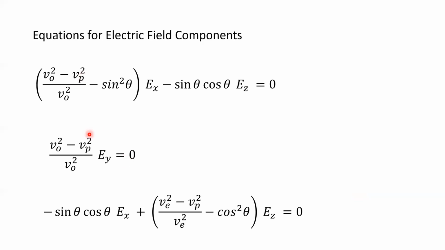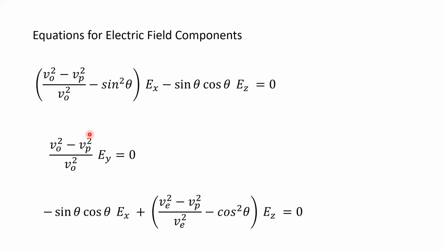Now, in principle, if you have three coupled linear equations in three variables, the non-trivial solution requires that the determinant of the coefficients be equal to 0. That gives you some constraint. Then, if you have these coefficients, you can solve for Ex, Ey, Ez.